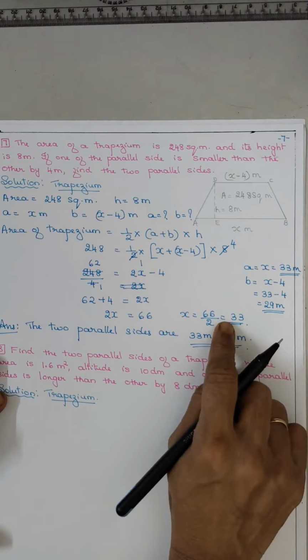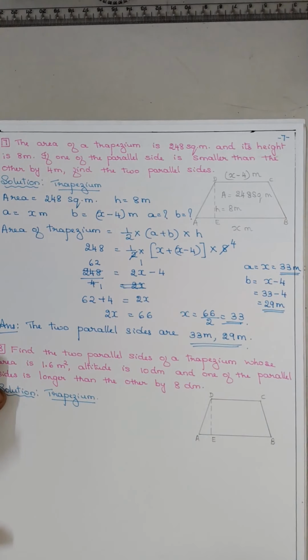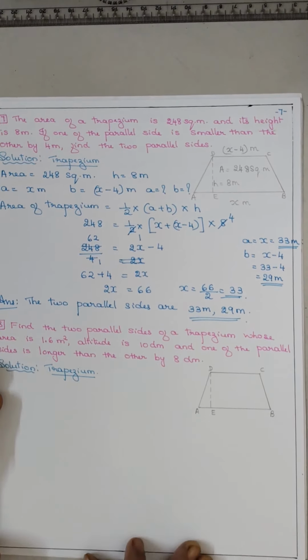So you find out x and then A and B. Is it clear? So first one side is x, the other side is 4 meter less, so x minus 4. Put the formula, put the values and then find out x and A and B. X and x minus 4 you have to find.